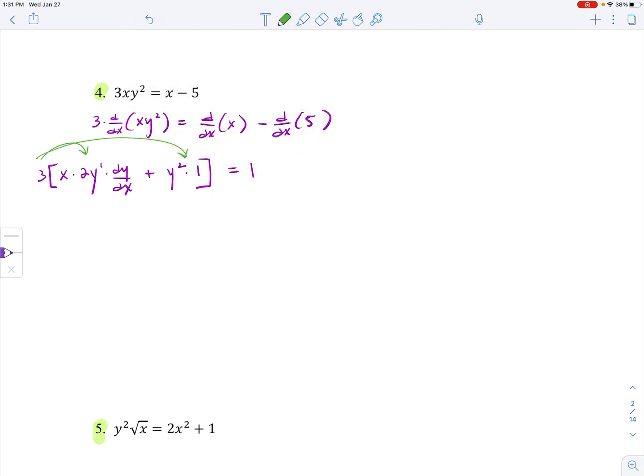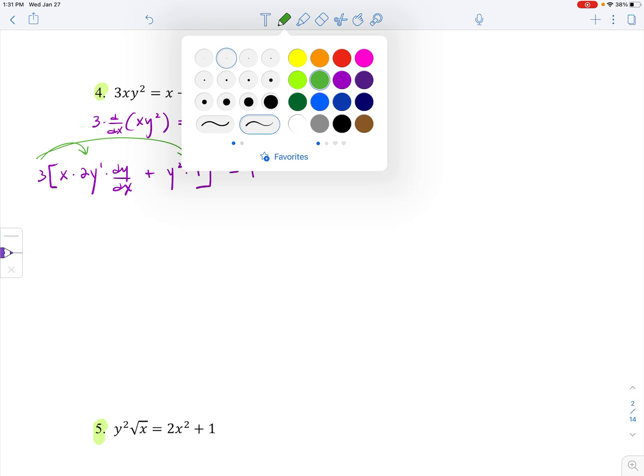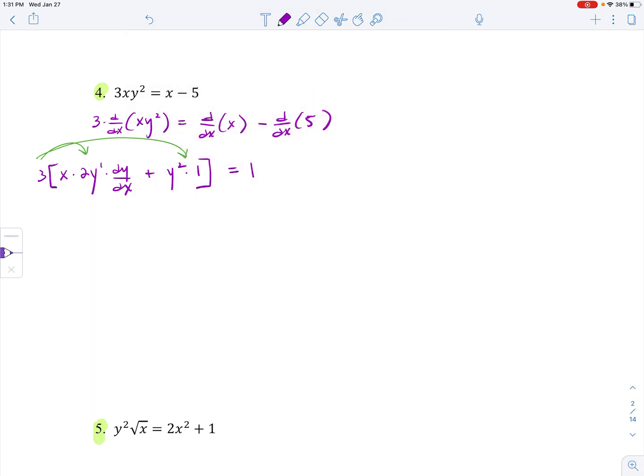So now we're just trying to get dy over dx by itself. I'm going to distribute the 3 into so that I can get rid of the brackets. So I'll have 6xy times dy over dx plus 3y squared equals 1.